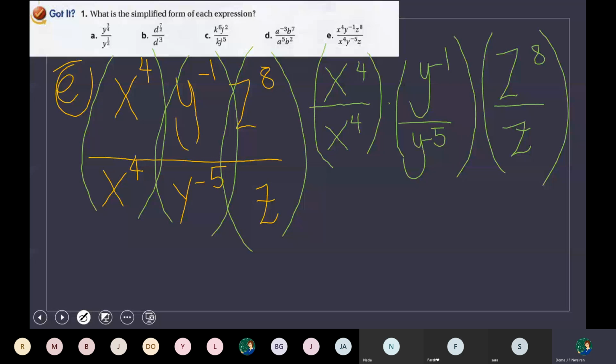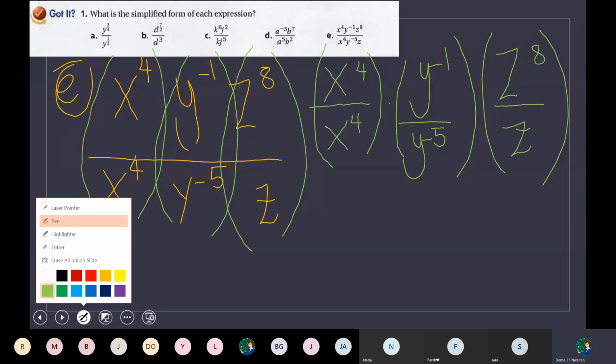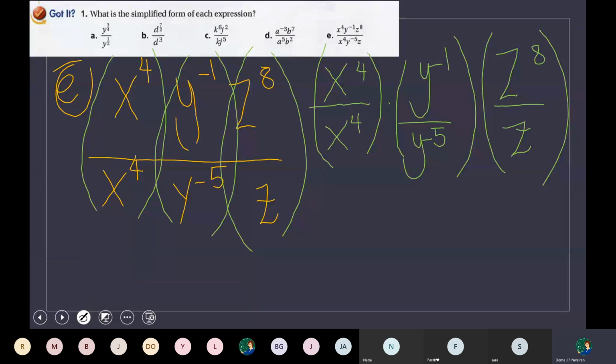So here, after I regroup them, I will say x raised to 4 over x raised to 4. Then I will subtract the exponents. X raised to the power 4 minus 4 is what? 0.